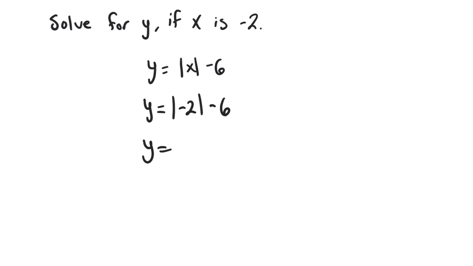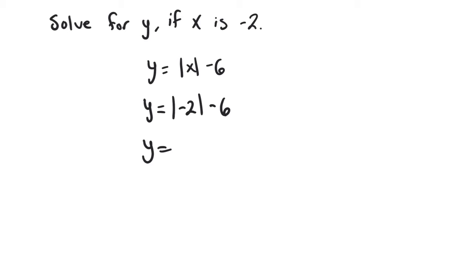And then your next step, you're actually going to take the absolute value of -2. Now, if you forgot, the absolute value is the distance of a number from 0. So the way that works is, as most of you know, you basically just drop that negative sign. A -2, the absolute value is going to be +2.